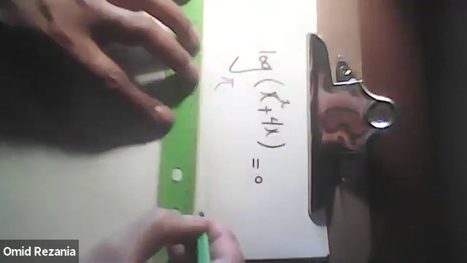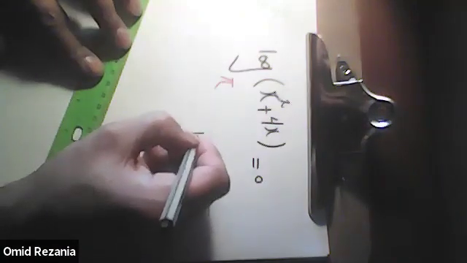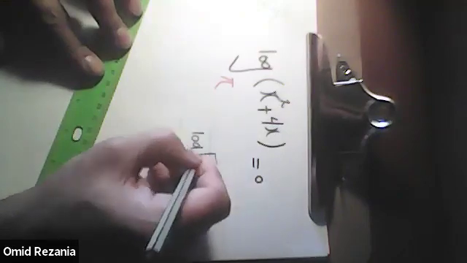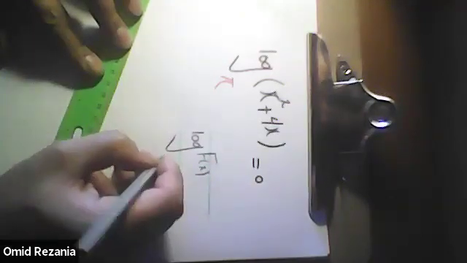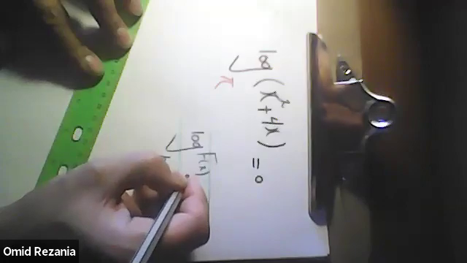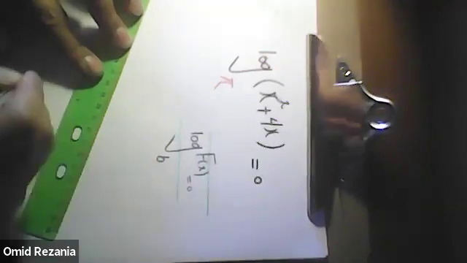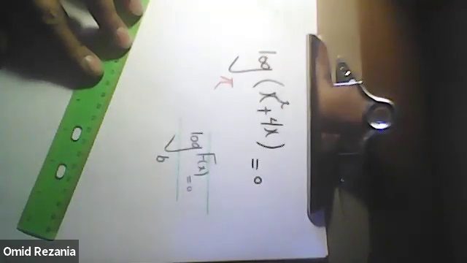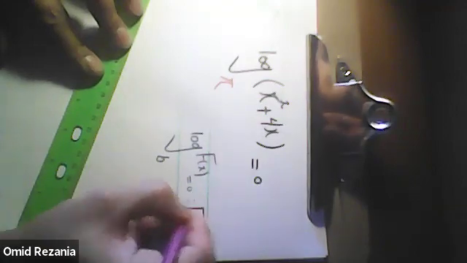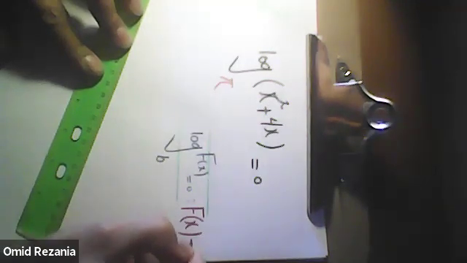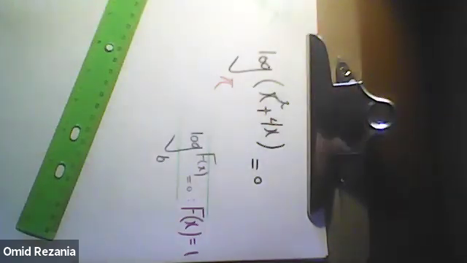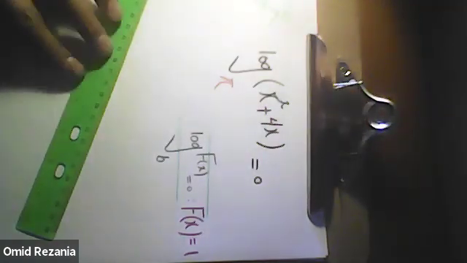First of all, as a side note, as property number one of the log functions, you learned that the log of f of x with any base b equals 0. It means what? It means f of x equals 1. That's the side note.